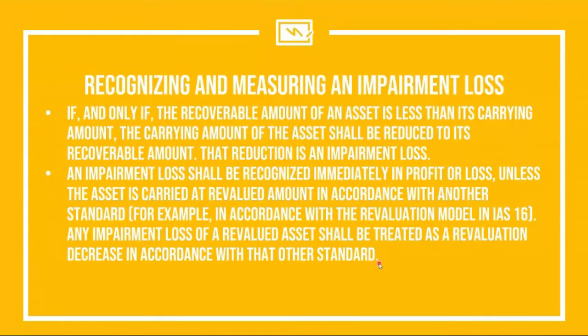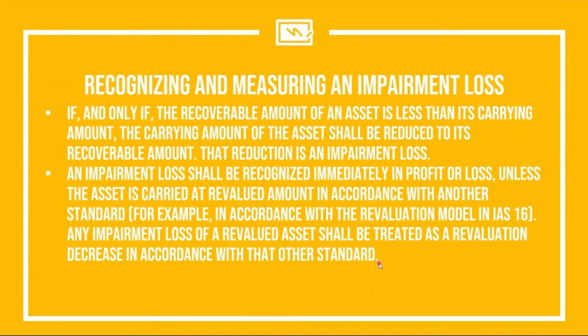So, the basic concept is similar to what we discussed when we were having the discussion for PPE. So, in the case of impairment, before we recognize any impairment loss, we need to determine first if there are any revaluation surplus or similar amounts that are attached to the asset that is being impaired.